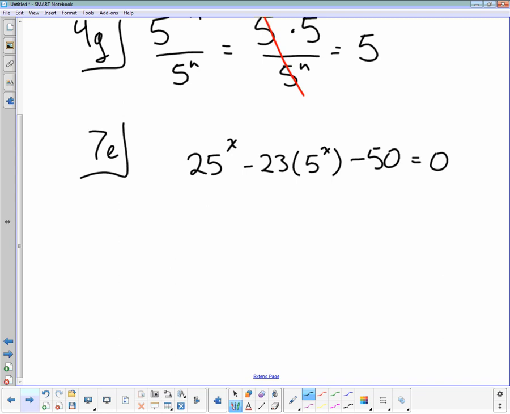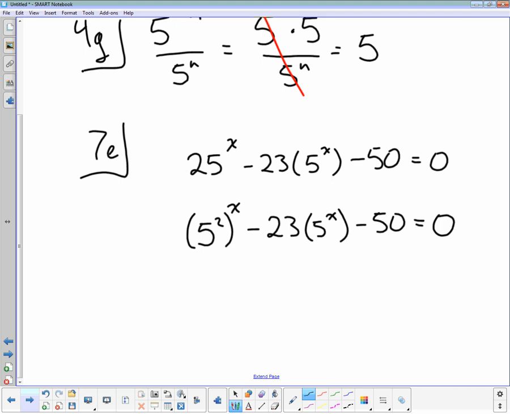So this is really 5 squared to the x. I'm just going to simplify, and this becomes, I'll write it again.